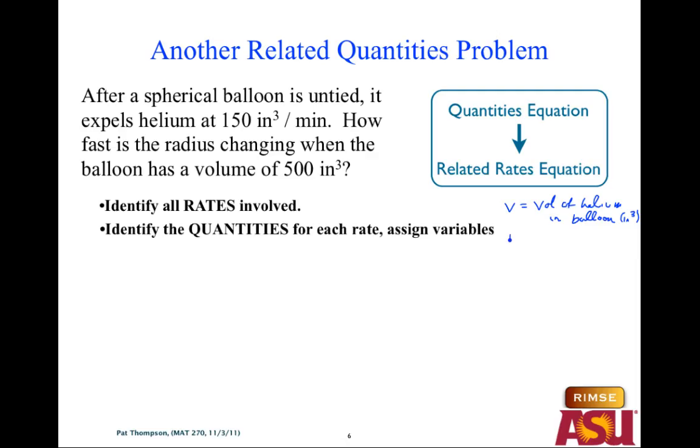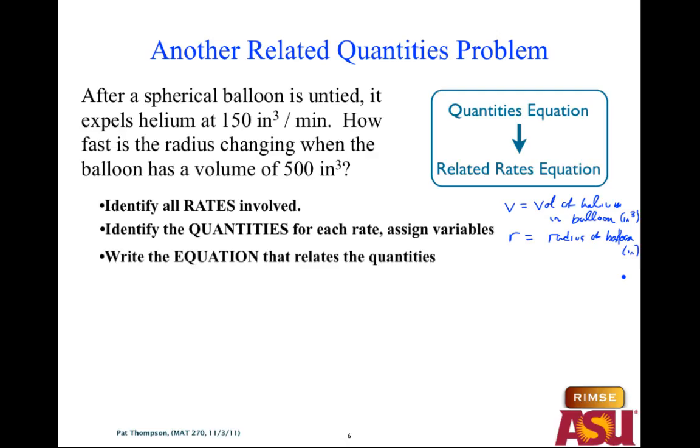And then R is the radius of the balloon in inches. Those are our key quantities. Because we're talking about rate of change of volume and rate of change of radius, these are going to be our key quantities, volume and radius.